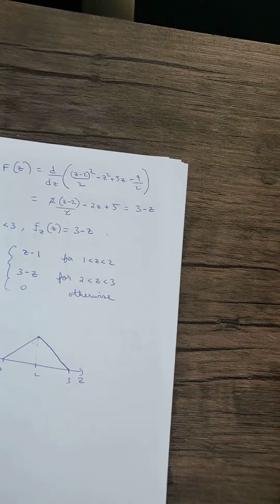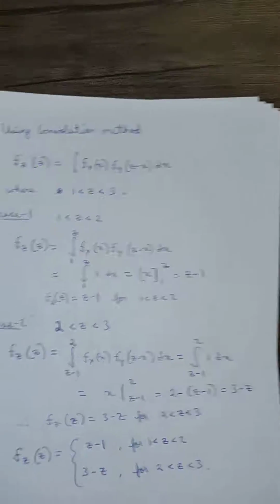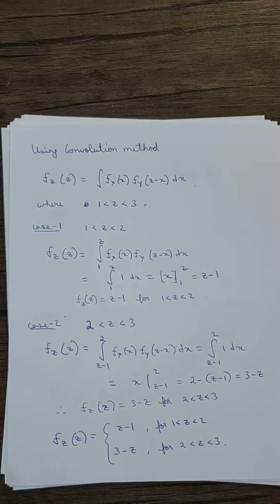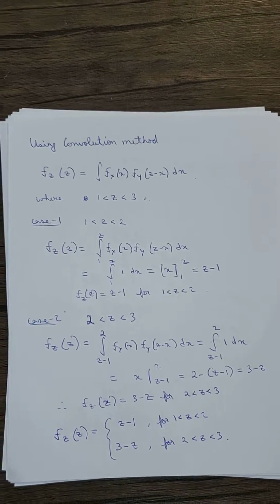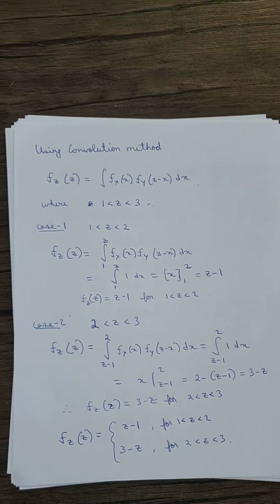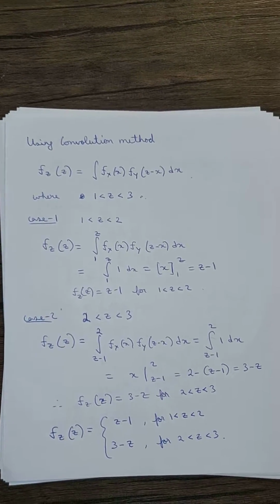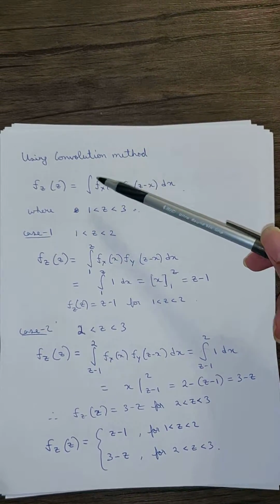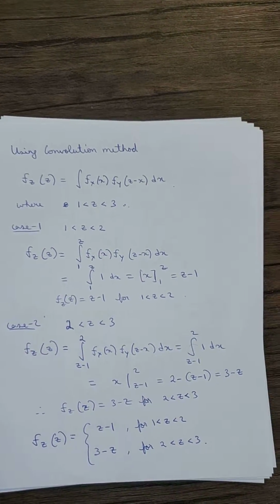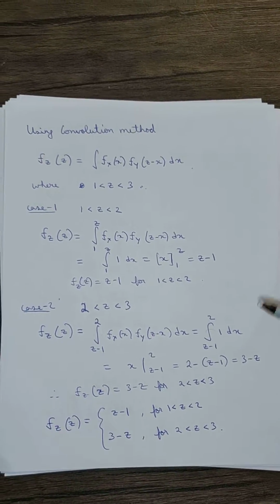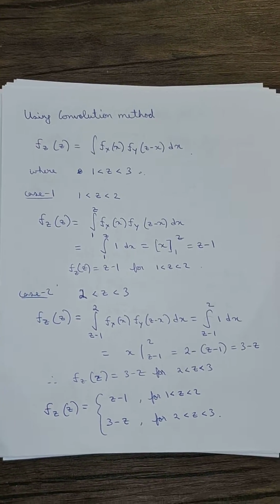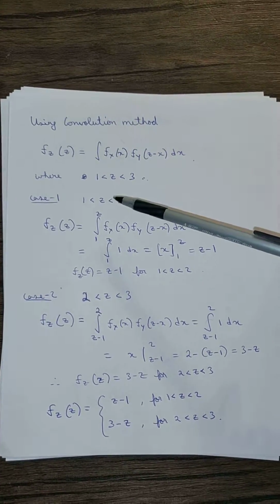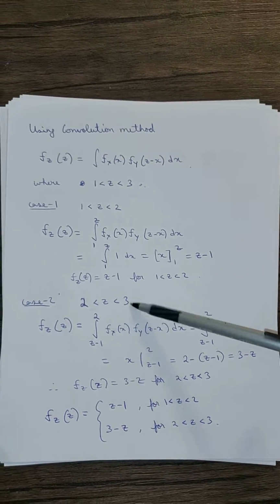Another way of solving this is by convolution. In the convolution method, only if X and Y are independent can we use this. So f_Z(z) is the integral of f_X(x) f_Y(z minus x) dx. We have to be careful with the limits of the integral here. Initially we have seen that there are two regions for Z, Z greater than 1 and less than 2, and Z greater than 2 and less than 3.